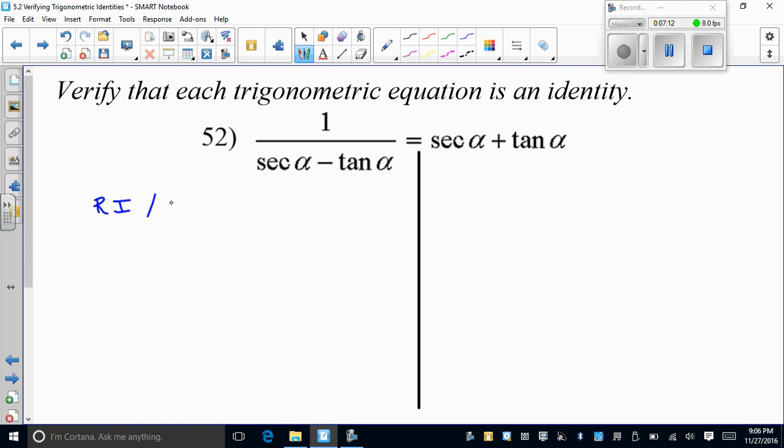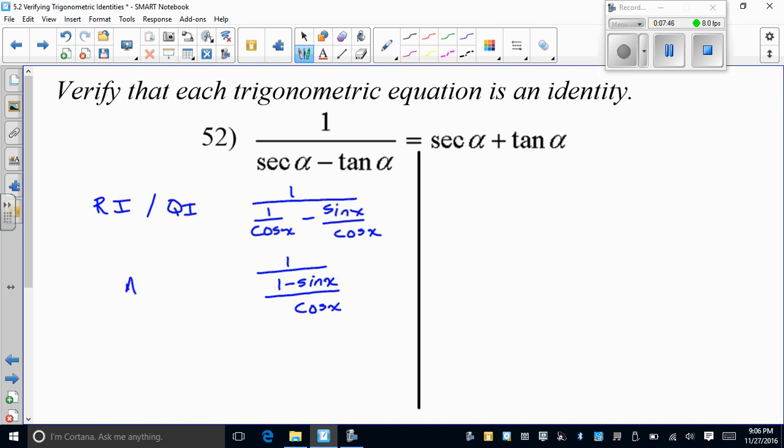So this becomes 1 over cosine minus sine over cosine. What's nice is that they do have a common denominator here. So you have 1 over 1 minus sine over cosine. We'll just write this as an algebra step.